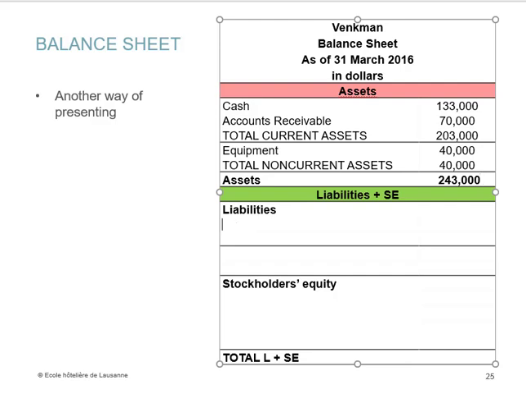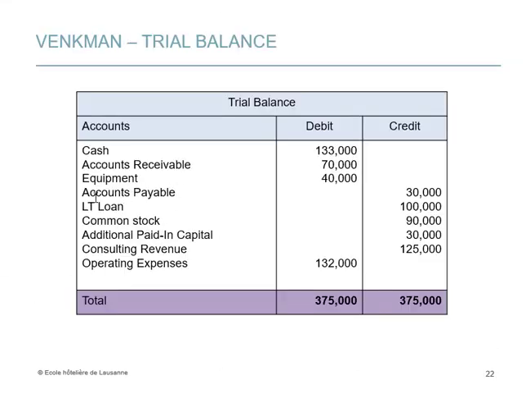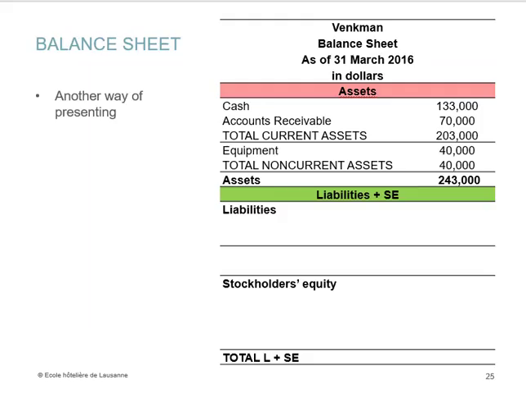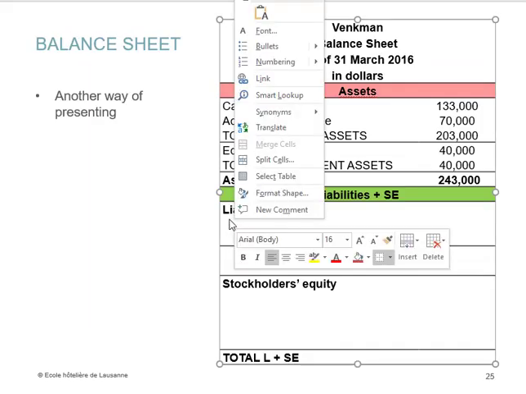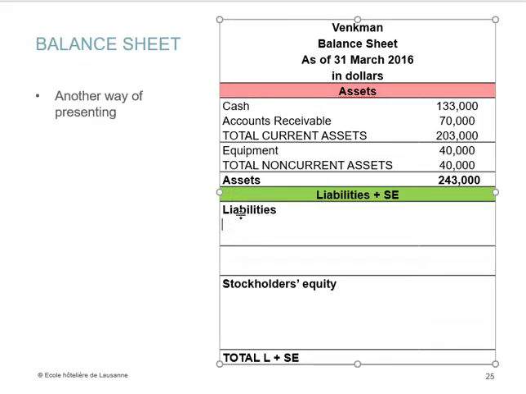Let's now look at what we have in our liabilities. Let's look again at our trial balance. It's starting with the accounts payable and long-term loan. So we have one current liability and one non-current liability. So let's fill it in.